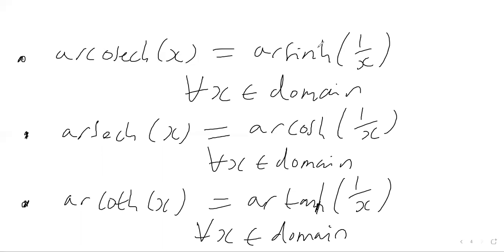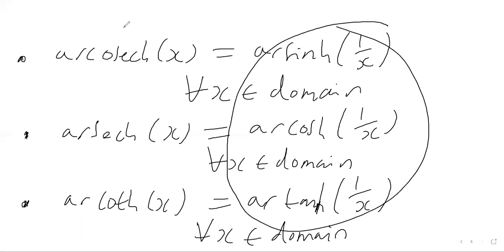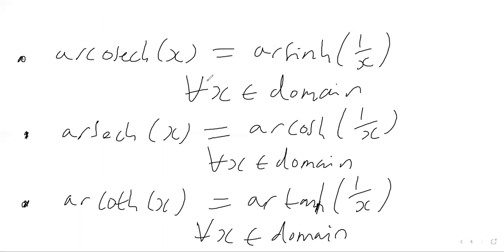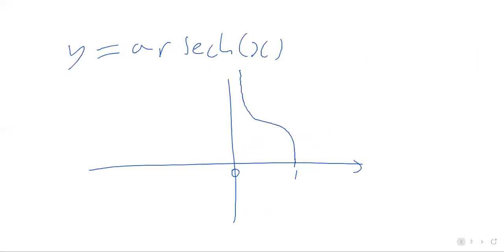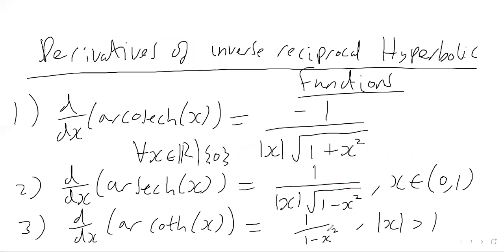So we know that when we differentiated these functions here, we got the same result as these functions here, because we showed that these functions were all the same. And another interesting thing that we noted was that the derivative of the ARCOTH function gives you the same function as when we differentiated the ARTANH function.